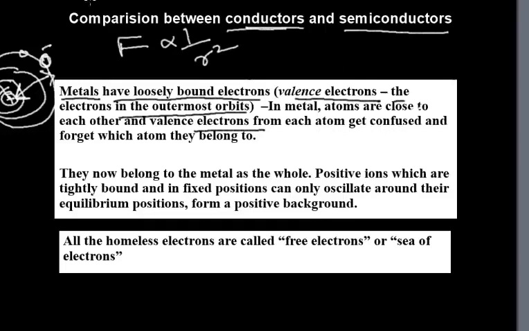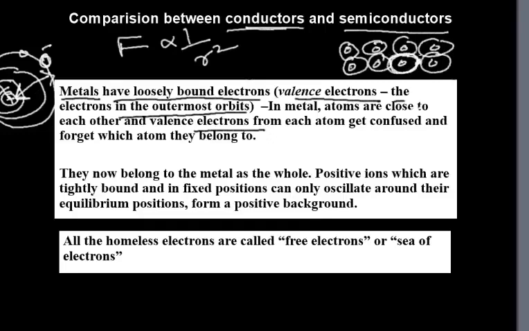the structure of metal is like this. Atoms are close to each other. These are atoms and each atom will have a nucleus and orbits of electrons. Suppose one electron is revolving in this orbit.